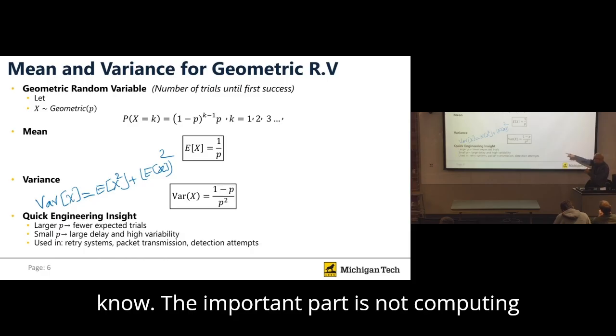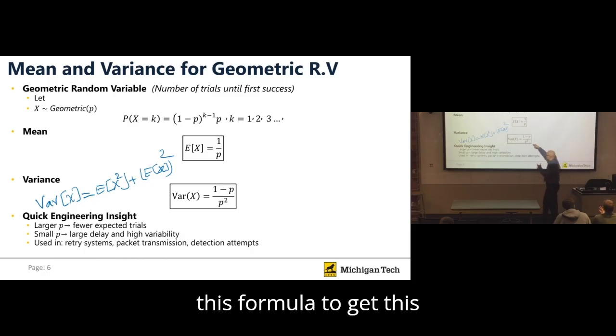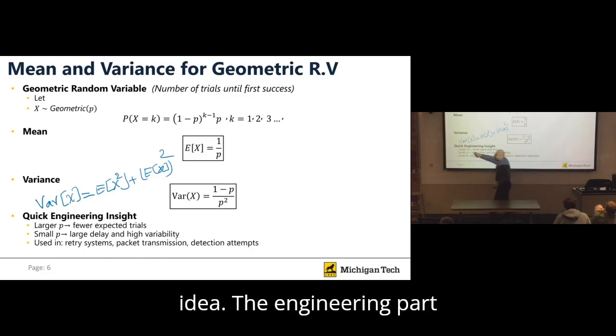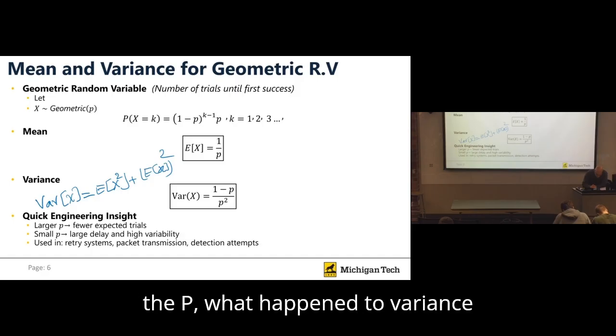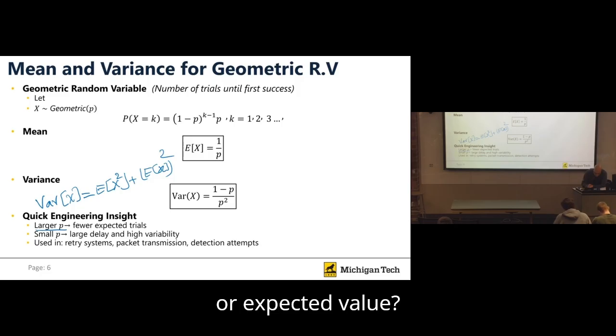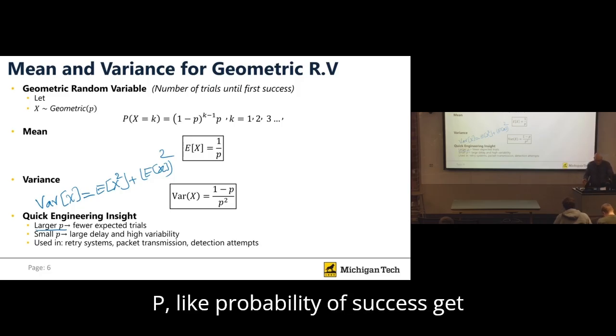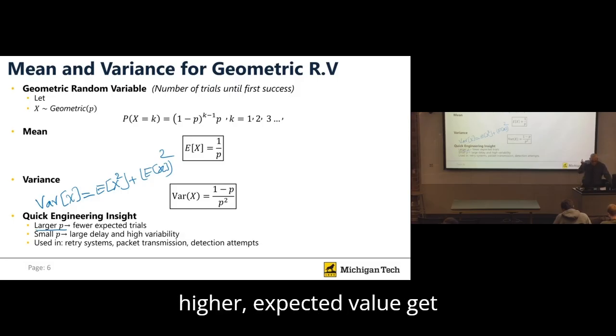The important part is not computing this formula but getting this idea. The engineering part of that is, when we increase p, what happens to variance or expected value? So when we increase p, like probability of success gets higher, expected value gets lower.